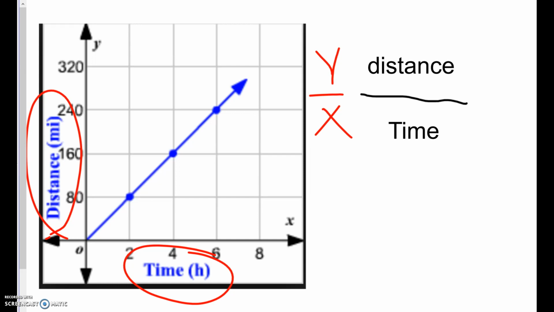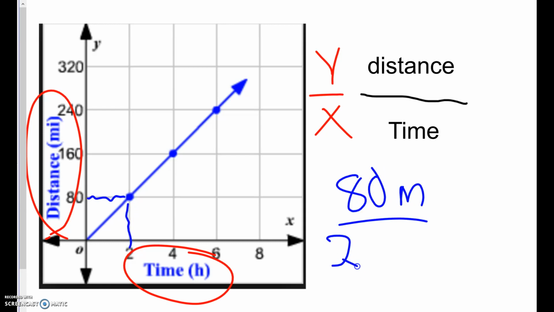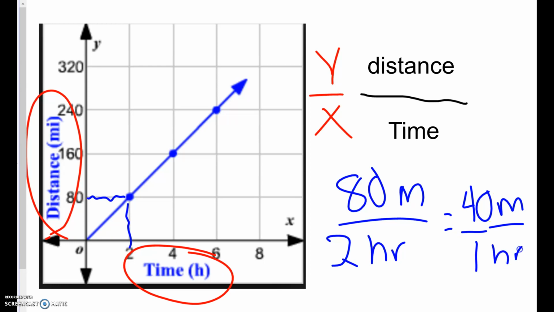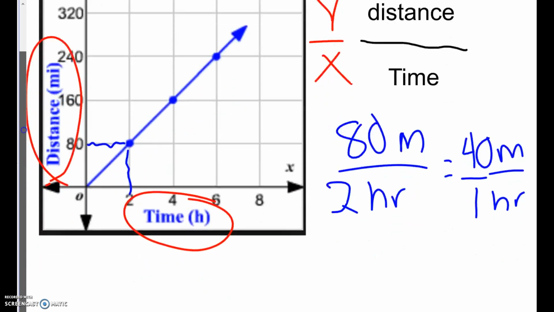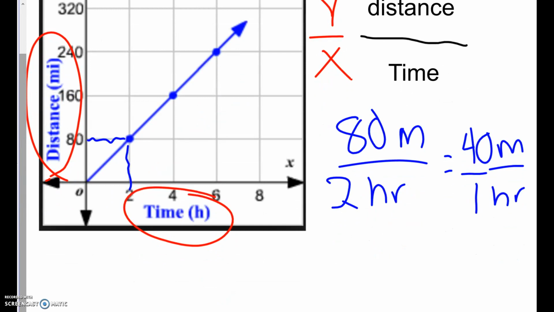So let's just pick. A lot of times, guys, it's easiest if you start at the bottom of your graph. So at 80 miles, I've been driving for 2 hours. So my rate of change is just 40 miles per 1 hour. Now let's see if this is constant.